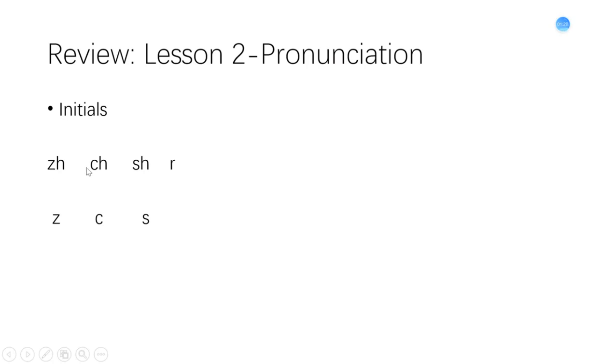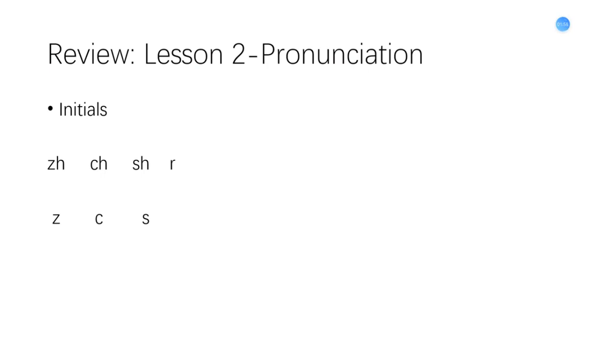Again, 知, 吃, 资, 雌. And the difference between these two groups, 知 and 资: we use a different part of our mouth to make a block when we pronounce these initials. For 知, 吃, we use the tip of the tongue to block the back part of our mouth.